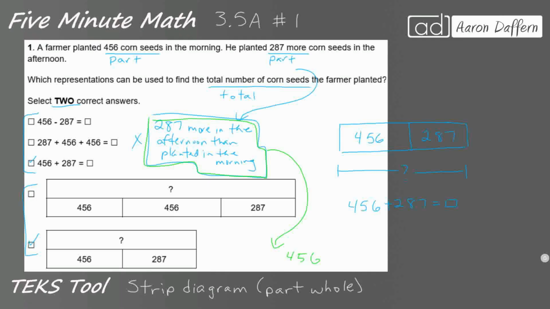And then if we're comparing 287 more in the afternoon than in the morning, we would actually need to say another 456 with 287 more than that. So this 287 more in the afternoon than the morning, that's what this would look like. And that is our distractor. That's how we get this answer. So sometimes we get that, but not for this problem. Our answers are the third and the fifth options.